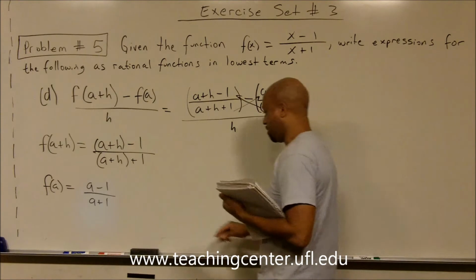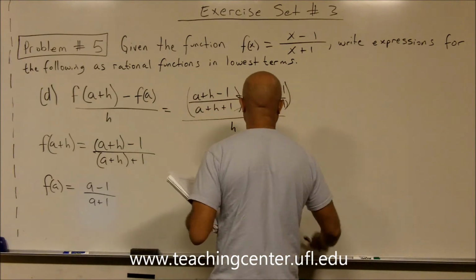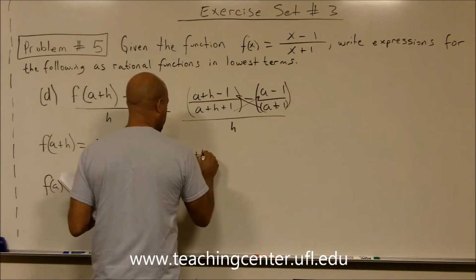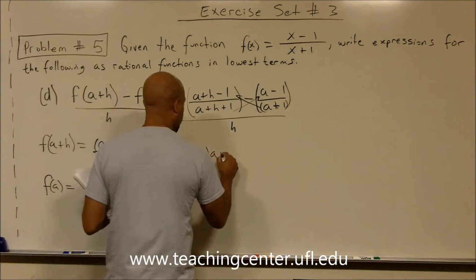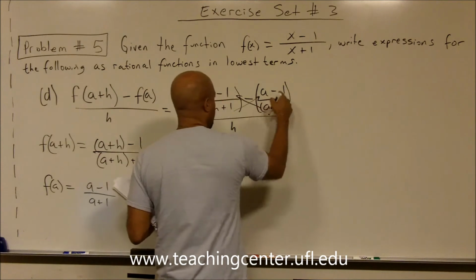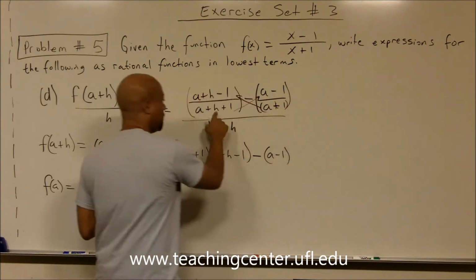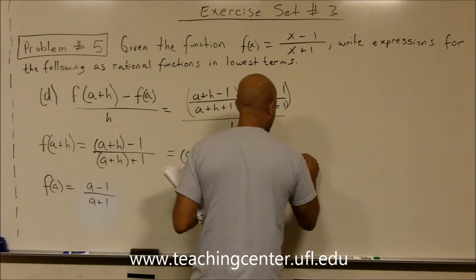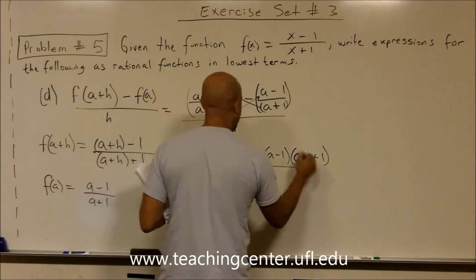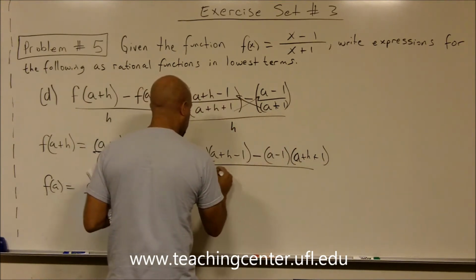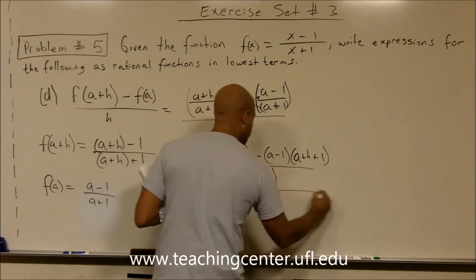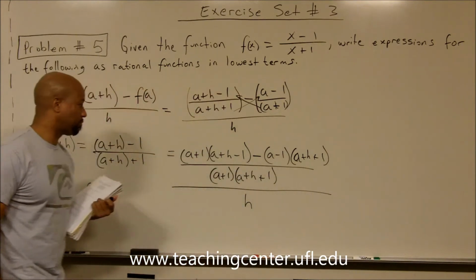And so basically we'll have this, which is a plus 1, multiplied by this numerator, which is a plus h minus 1. And we're going to subtract a minus 1, multiplied by this denominator, which is a plus h plus 1. And the common denominator between these two is just a plus 1 over a plus h plus 1. And that is all over h.